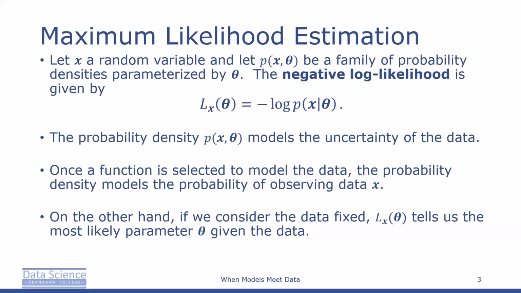In a complementary view, we consider the data to be fixed, partly because it's been observed, and we vary the parameter theta. If we look at it in this lens, what does L of theta tell us? It tells us how likely a particular setting of theta is for the observations x. Based on this second view, the maximum likelihood estimator gives us the most likely parameter theta for the data set.